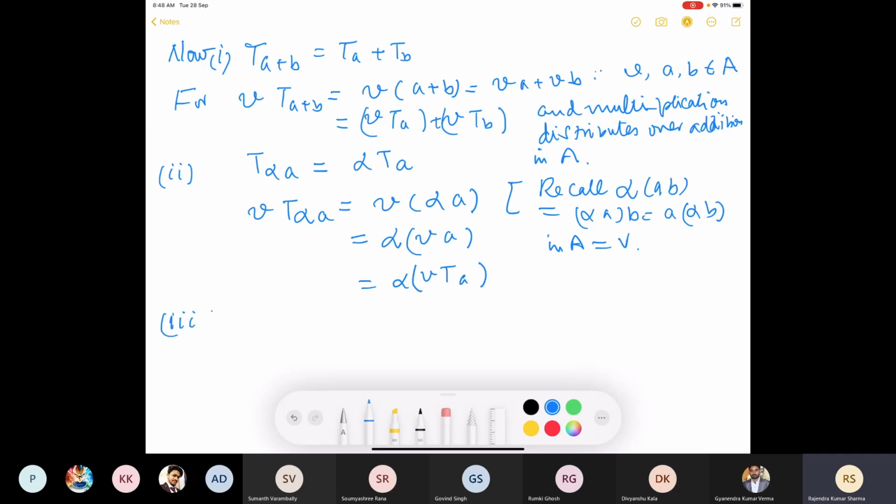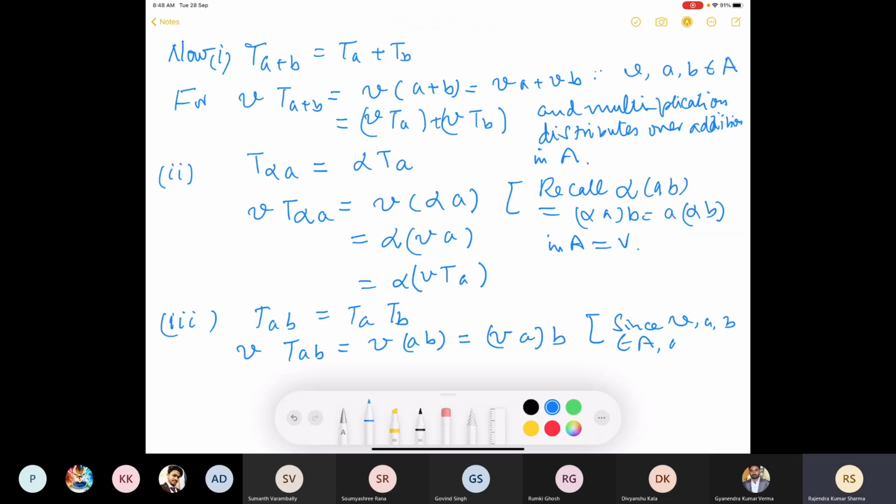And the third thing is that T_{AB} is T_A T_B. So once again, for every v in V, v under T_{AB} is v multiplied on the right by AB. Now, in 𝒜 the product is associative. Therefore this is the same as (vA)B, since v, A, B belong to 𝒜 and multiplication is associative.